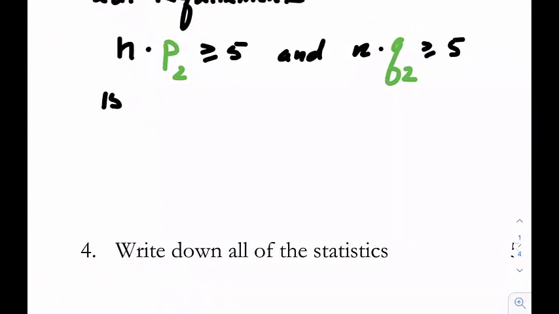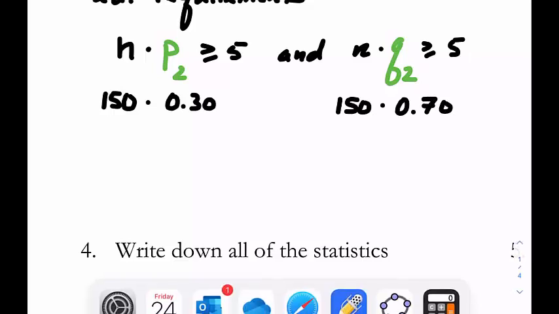So I'm going to take the 150 and multiply that times 30%, 0.30. And for its complement, 100 minus 30 would be 70. So 150 times 0.70. Let's go ahead and grab a calculator and multiply that together, figuring out those values.